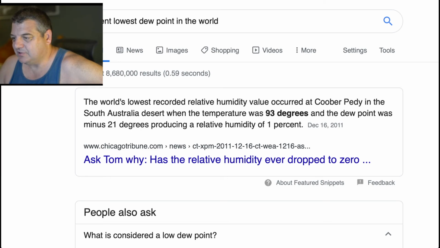Okay, guys, hope you enjoyed that. I only learned about dew point maybe a couple of years ago, and I think it was during a World Cup qualifying match, and they were playing it in either Malaysia or Singapore, and the guys were just totally sweating. I looked at the weather forecast, and I think it was like 28 degrees Celsius or something, and I thought, well, that's not really that hot.